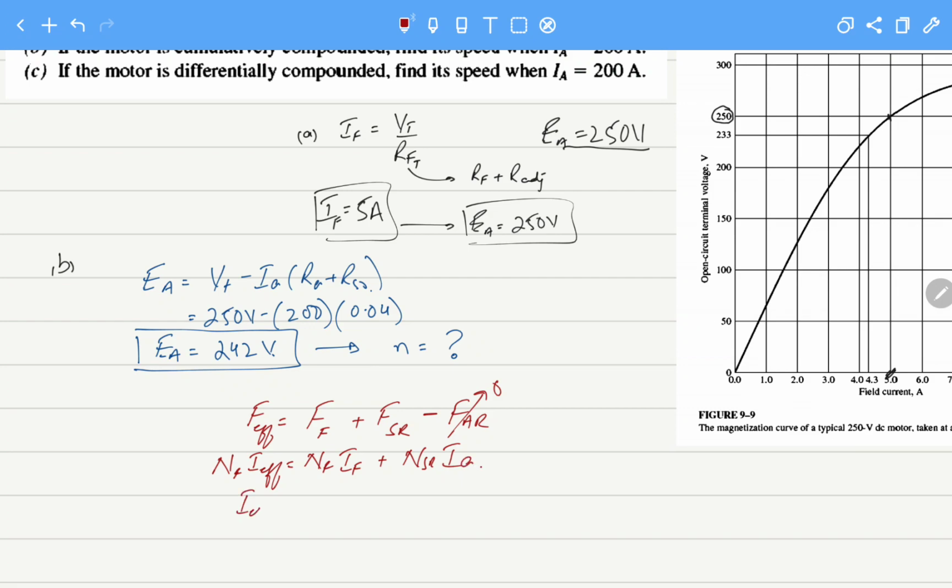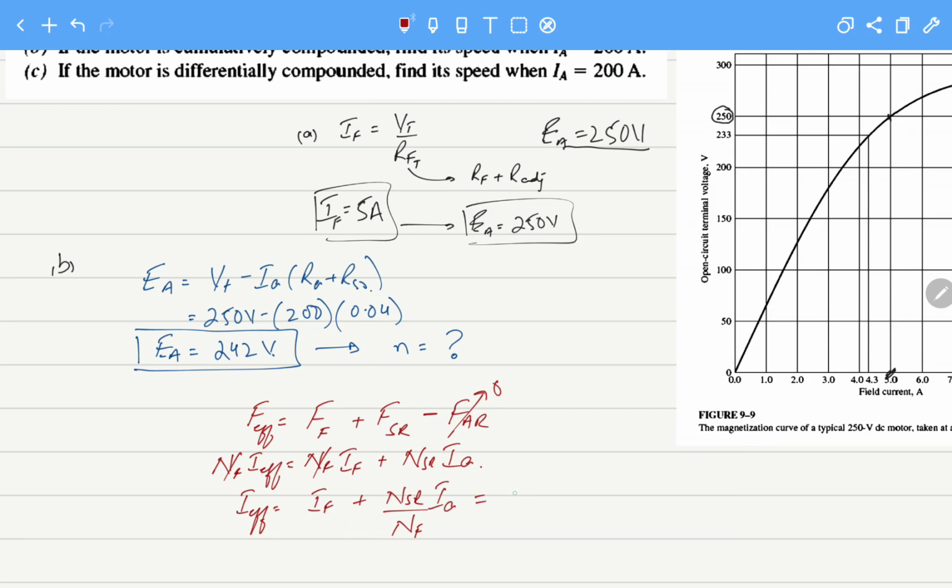So the effective field current, which represents the flux being produced in the machine, is IF plus N series over NF times IA.